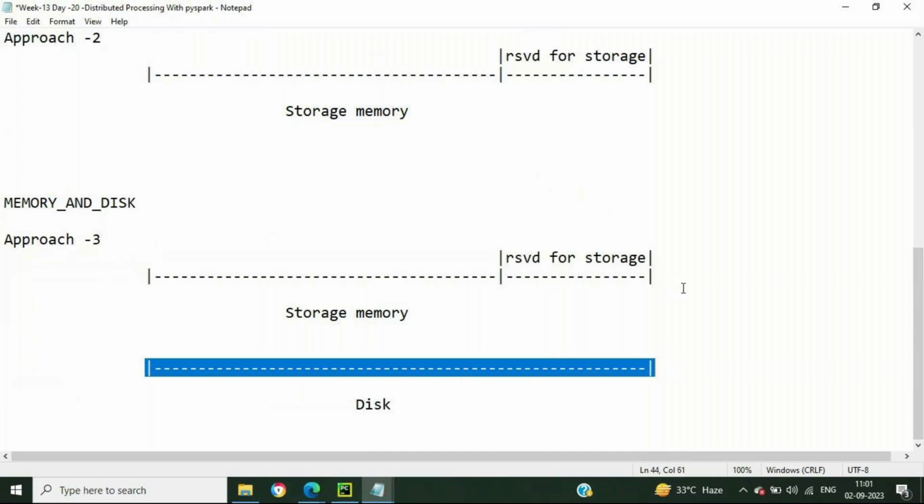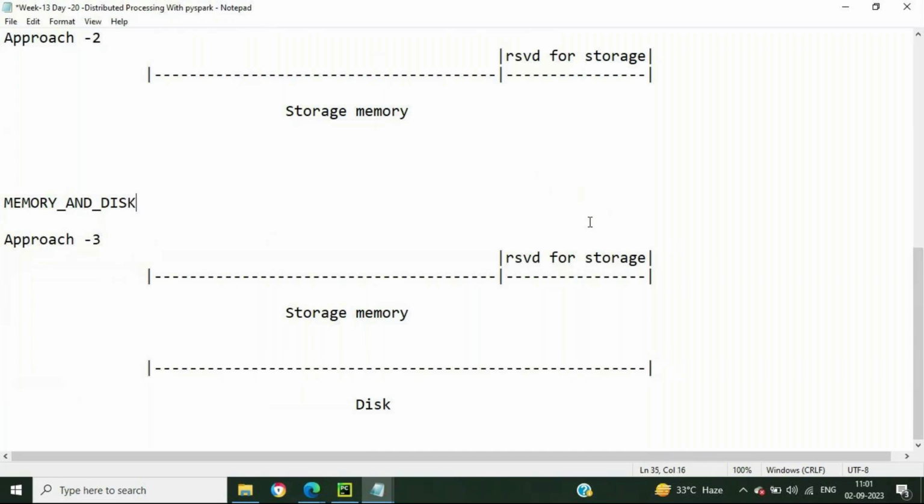And over here one algorithm is working. The algorithm name is LRU, least recently used.